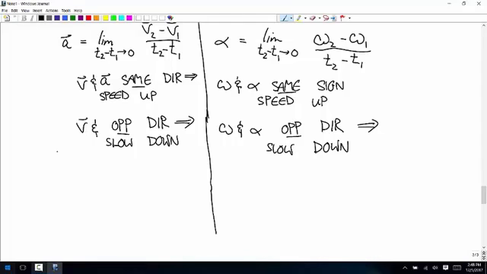Okay, so first I have to just tell you the new analogous variables. For particle kinetics, we had this mass m.